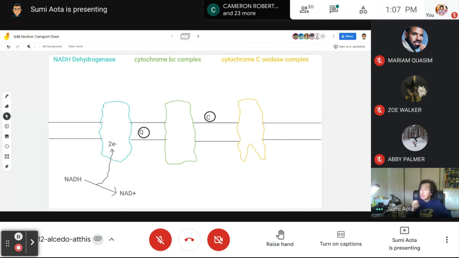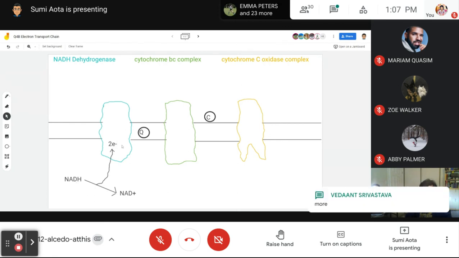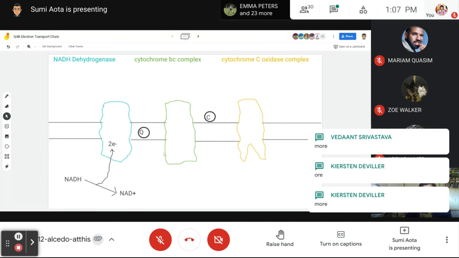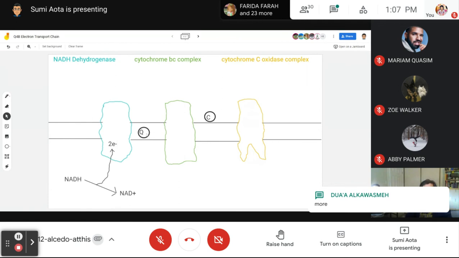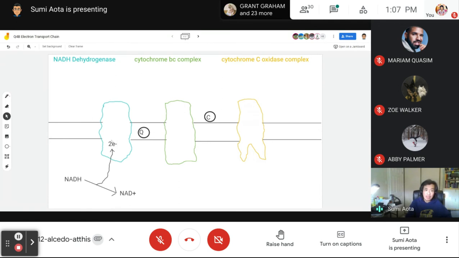Now because this is an electron transport chain, in order for this NADH dehydrogenase to accept electrons from NADH, does it have to be more electronegative or less electronegative than NADH? Okay, and that's true of the entire chain, because the electrons are going to get passed on from here to the next component. So Q has to be more electronegative than NADH dehydrogenase. BC complex has to be more electronegative than Q, and so on and so on. So the electrons are going to continue to move.